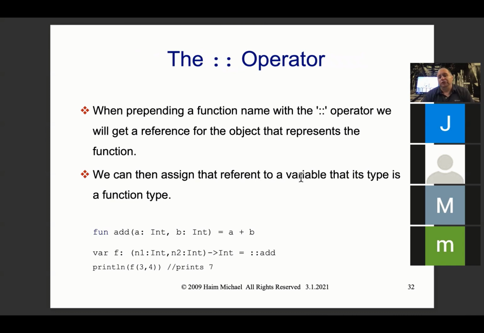One more thing unique for Kotlin is the possibility to take a function, a real function we define in Kotlin. Just remember that in Kotlin, a function is not an object, just as in Java.